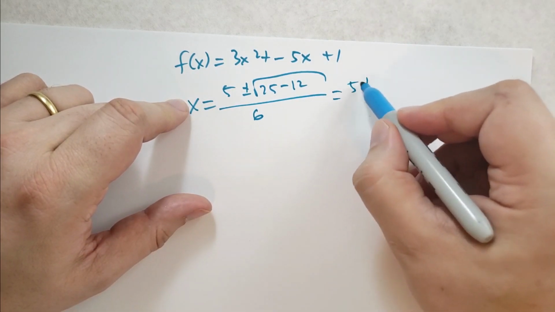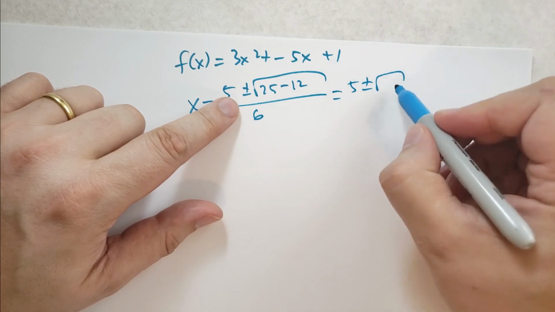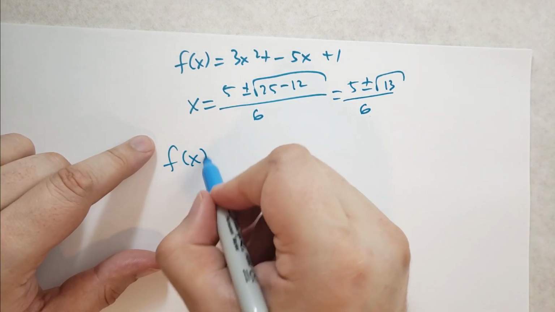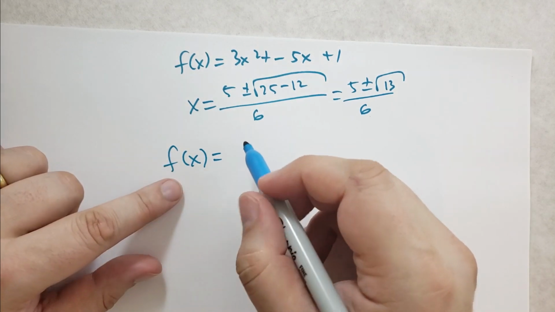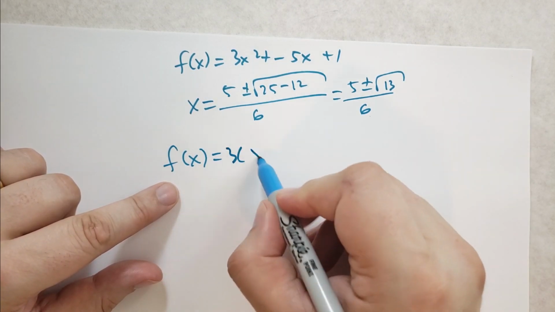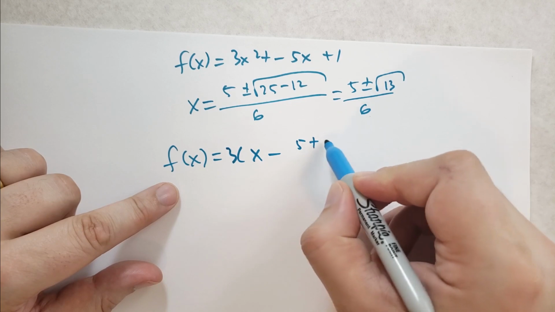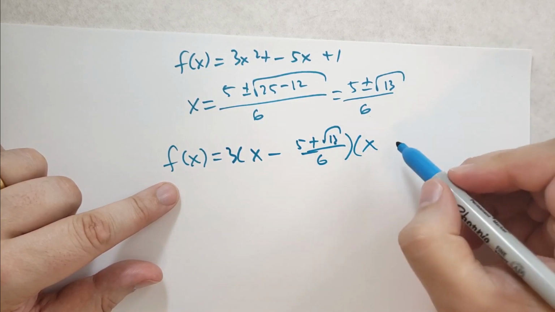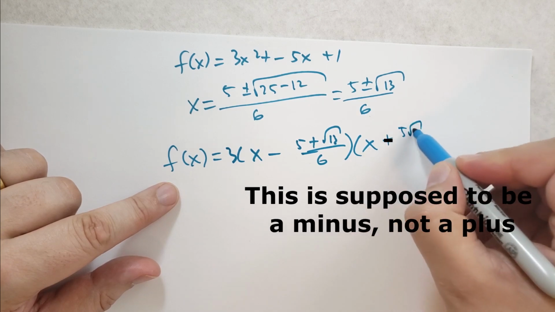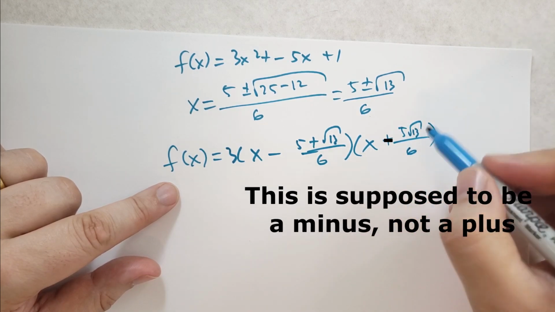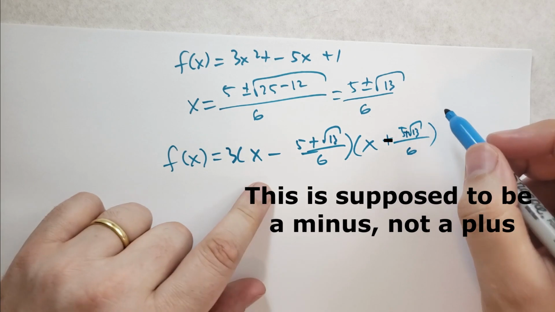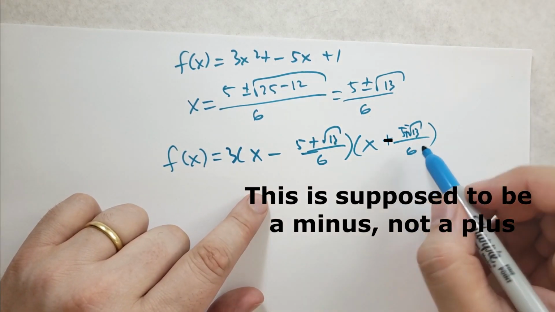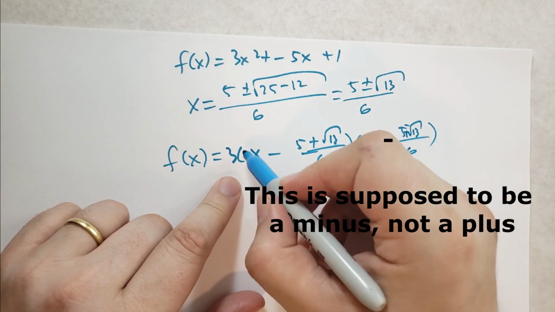So we have 5 plus or minus the square root of 13, over 6. And so we can rewrite f of x as 3 times x minus (5 plus the square root of 13)/6, and then times x minus (5 minus the square root of 13)/6. Sorry, I'm getting so confused here.